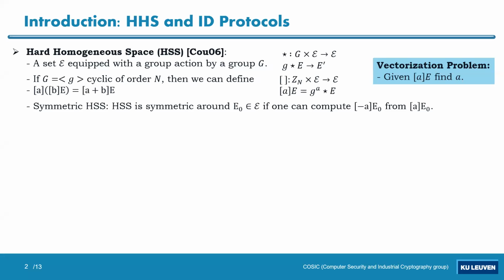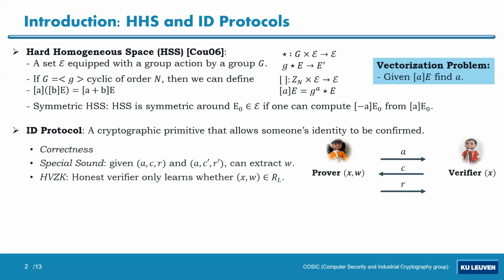Thanks to the previous presentations, we already had enough introduction, I guess. I just want to say that we are in the hard homogeneous spaces setting, and with this notation, G power A acting on this curve E is shown by the bracket notation A on E. An ID protocol allows you to prove your identity: you prove knowledge of one secret key for a public key.